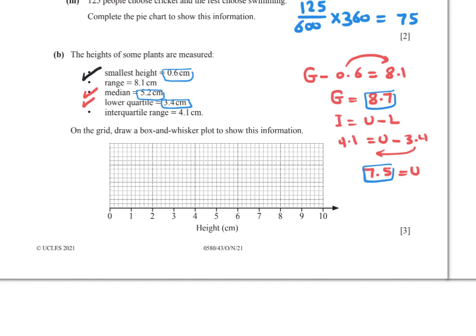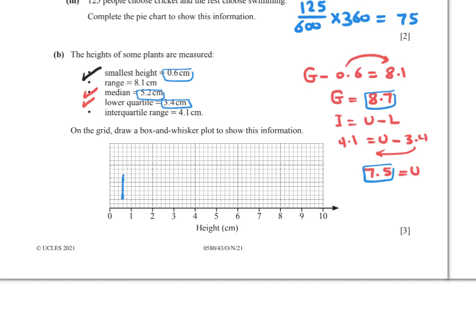The least value is 0.6. So this is 0.6. Now draw a bar from 0.6, or you can draw a dot only.